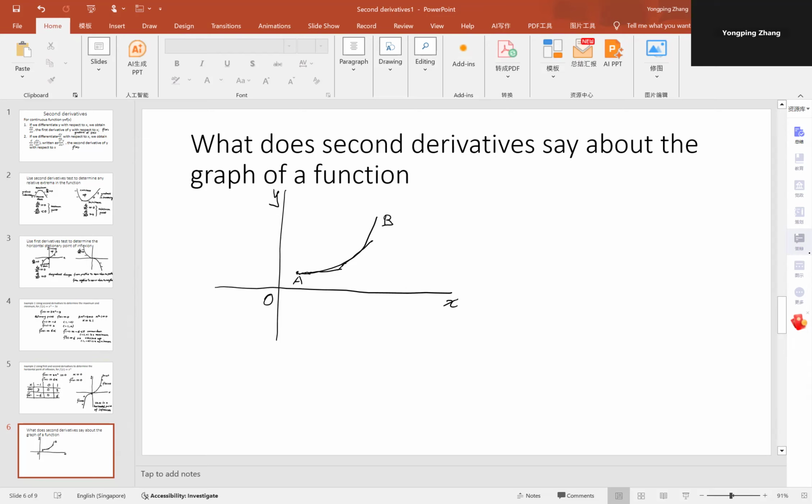The derivative gradient increases. The second derivative is positive. So this is a concave arc.